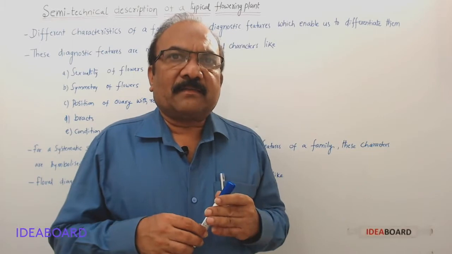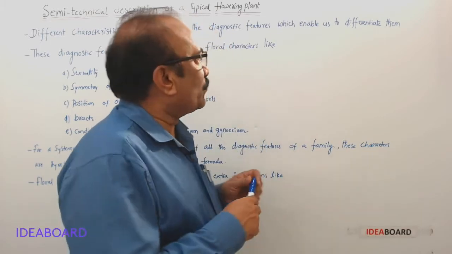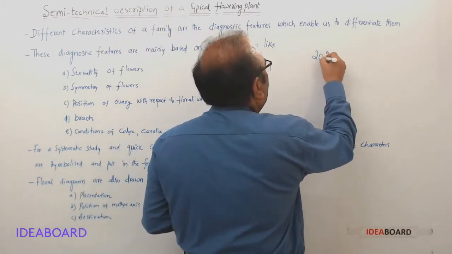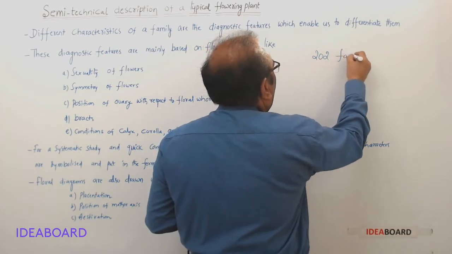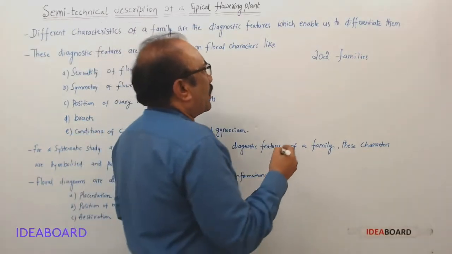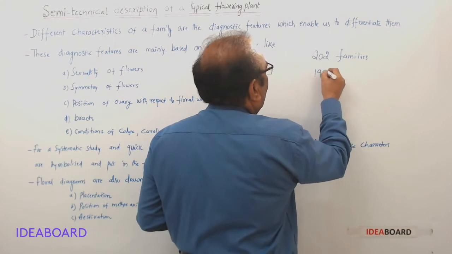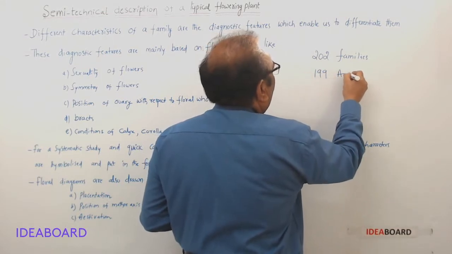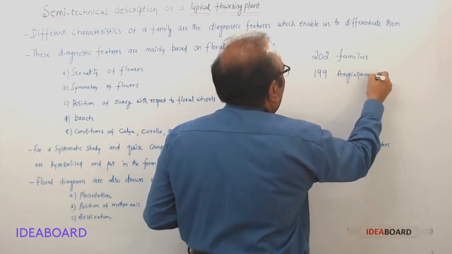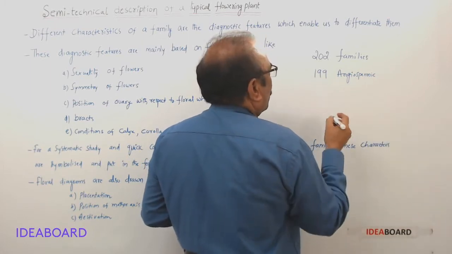And in that, they have recognized 202 families. Among which 199 are angiospermic families and 3 are gymnospermic families.